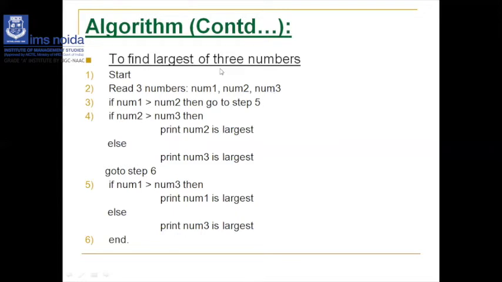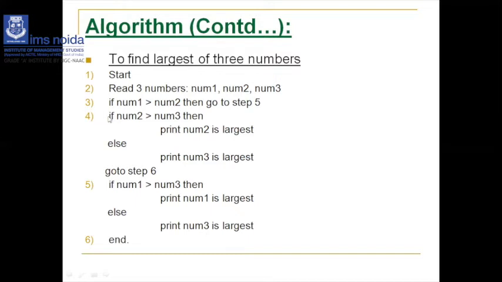So, when we are doing the comparison, first you will compare the first two numbers, then go to step 5. When you have compared num1 and num2, then at step 5 you will compare the first number with number 3, and if num1 is largest you will print num1 is largest. Again, if this condition is false, it means if num1 is not greater than num2, it will automatically move to the next step, that is step 4.